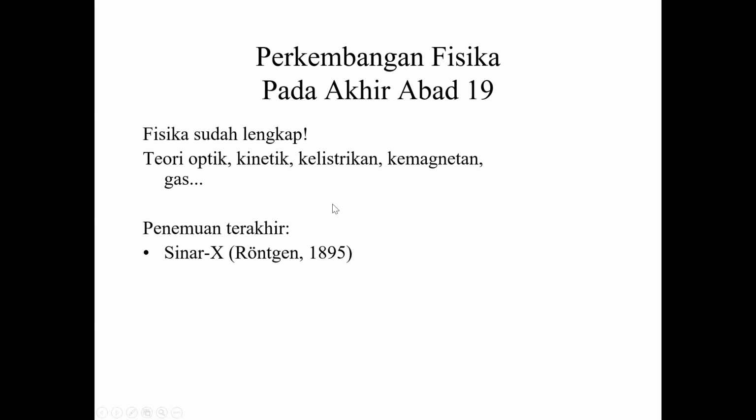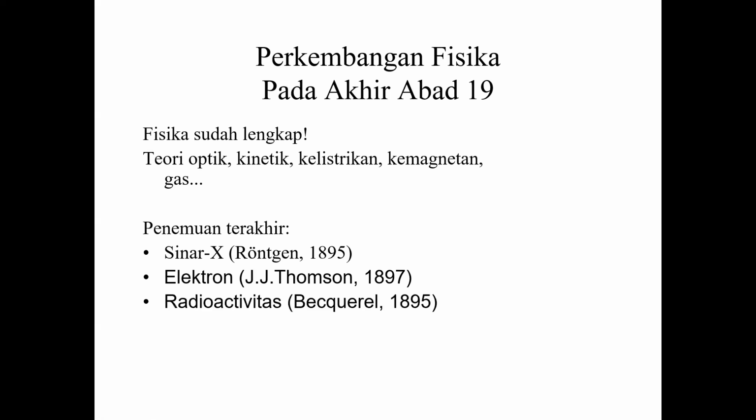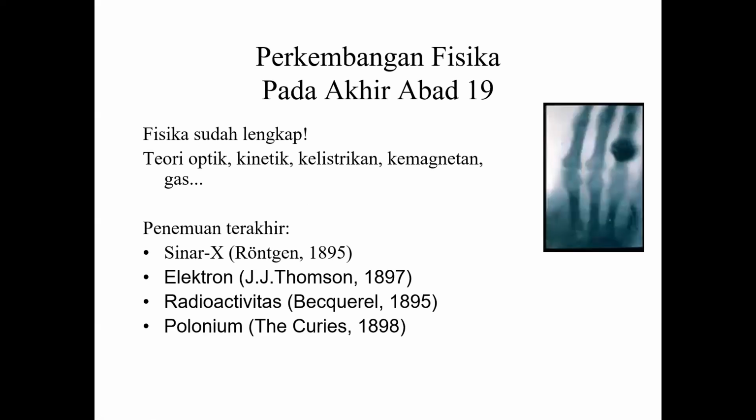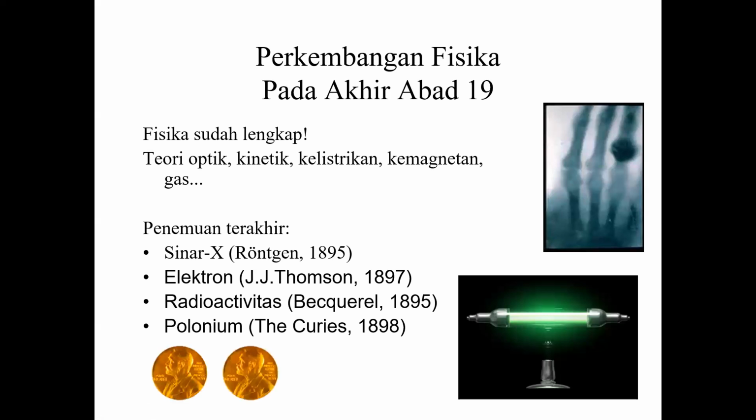The last discoveries were X-rays by Röntgen, the electron by Thomson, radioactivity by Becquerel, and also the Curies with polonium. These people also became Nobel laureates: Röntgen, Thomson, Becquerel, and the Curies.